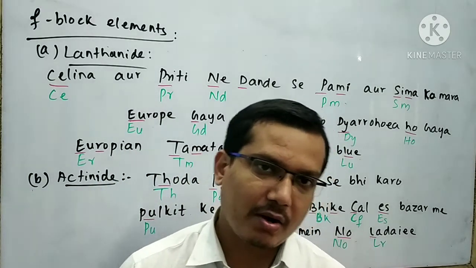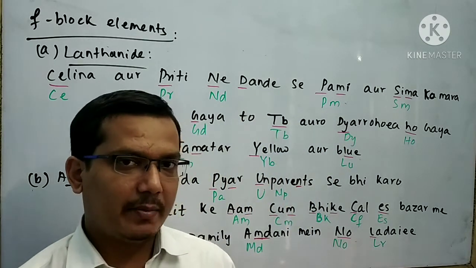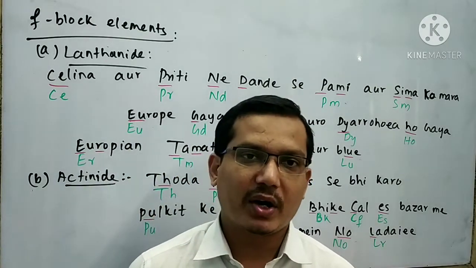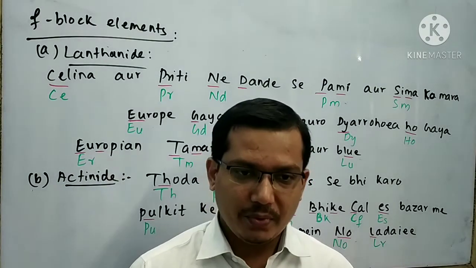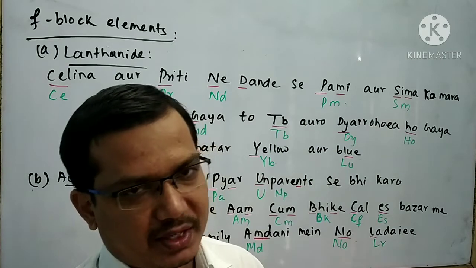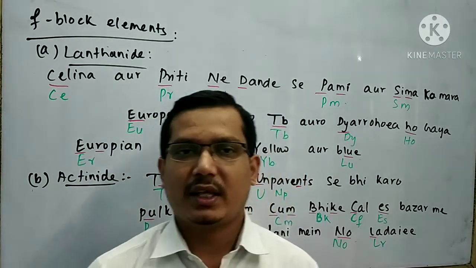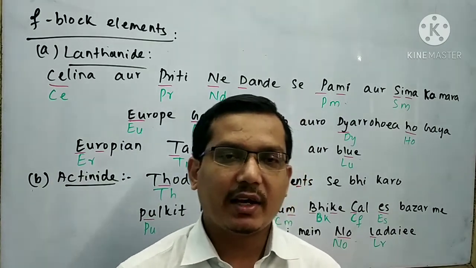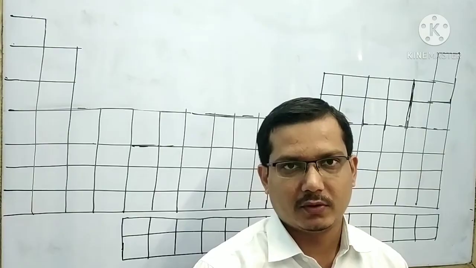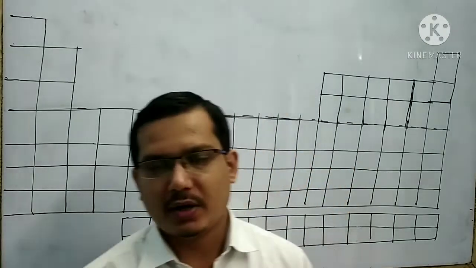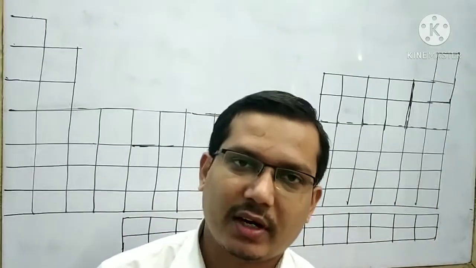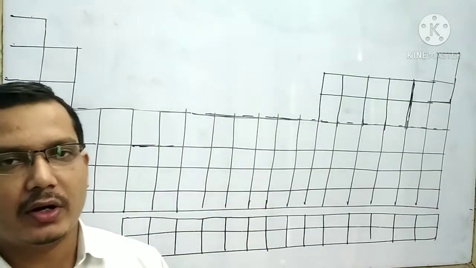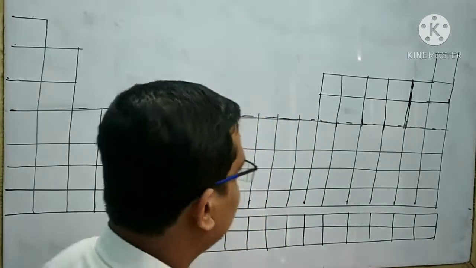So it is a must to remember all the elements. If you remember the elements present in the modern periodic table, then it is very easy to study inorganic chemistry. Next, I want to explain how to calculate the atomic number of an element.